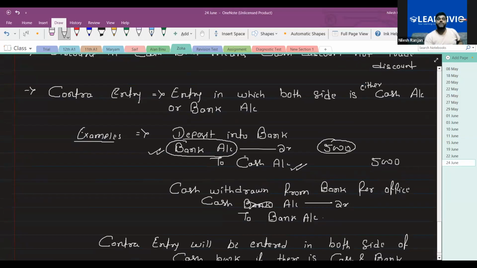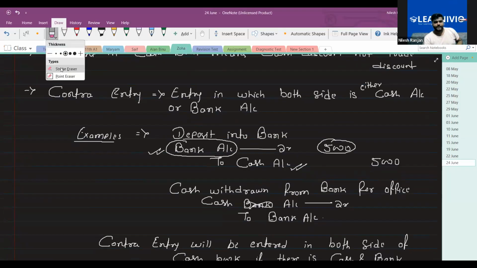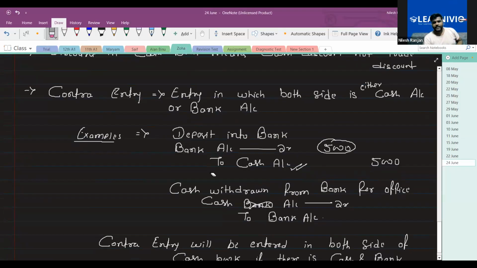Now, after that, how will it be recorded? First of all, you have to see which one is on the debit and which one is on the credit. Can you tell me that? Yeah, in this transaction, bank is on the debit side and cash is on the credit side.